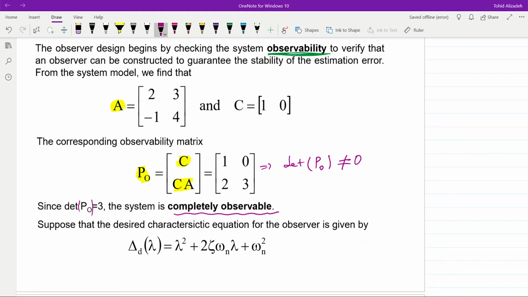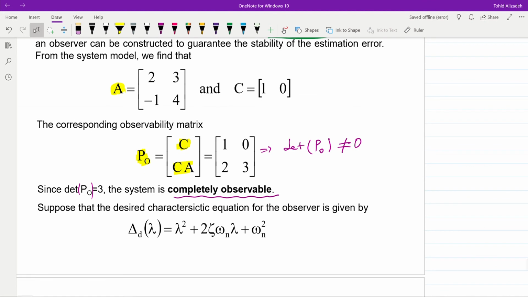Then the next step would be to determine a desired characteristic equation for the observer. We have two states. As a result, the desired characteristic equation will be a polynomial of order 2, which means that we are going to place the poles for the observer somewhere like this in order to have a desired behavior.